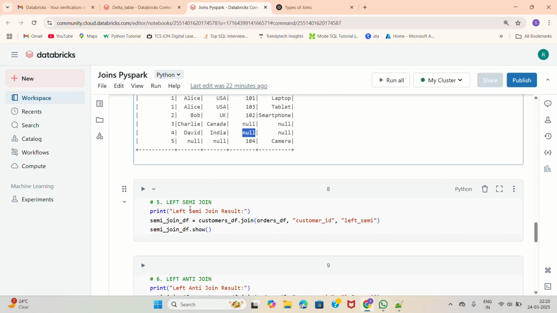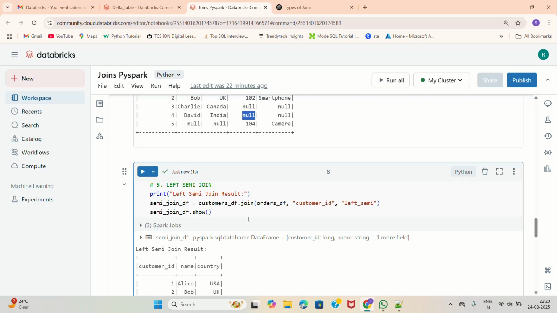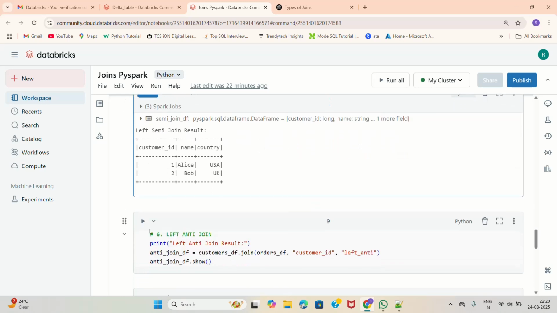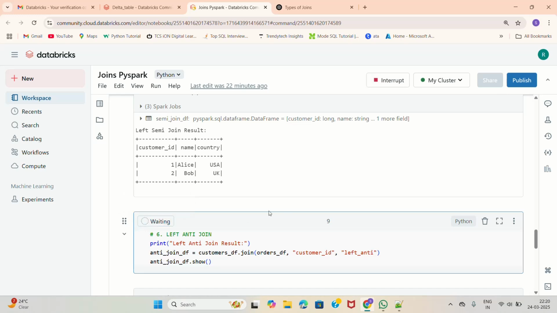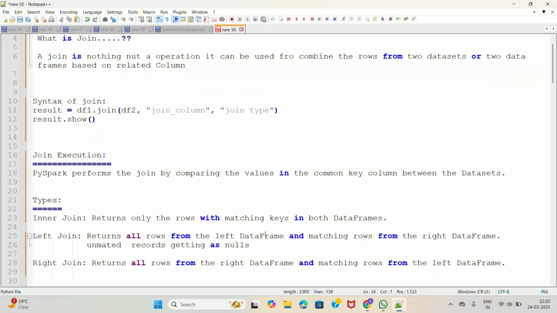Now coming to left semi join. Here also, if you observe, we are getting only two records. Now just observe the definition. Left semi join, what does it mean?